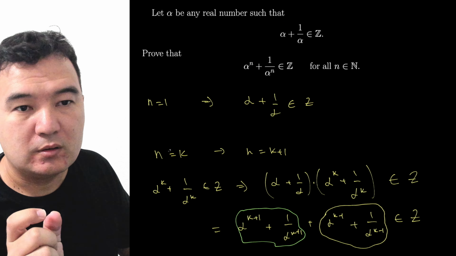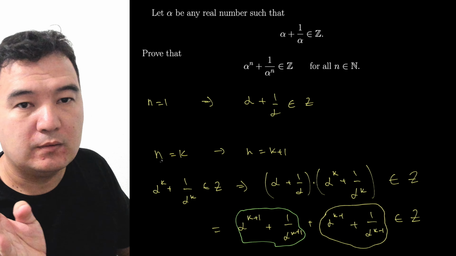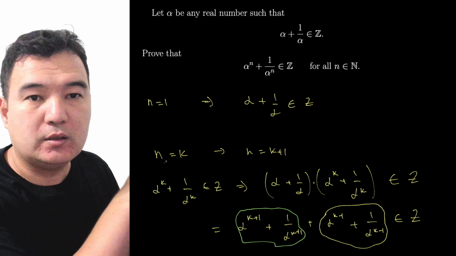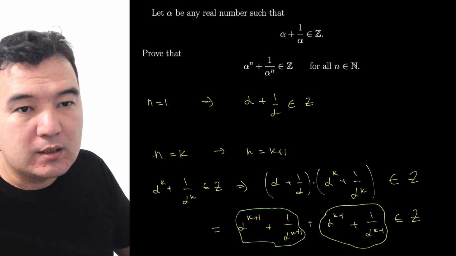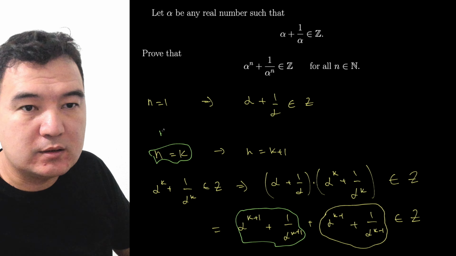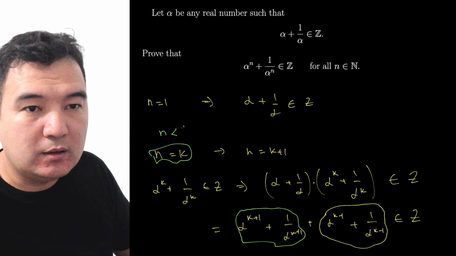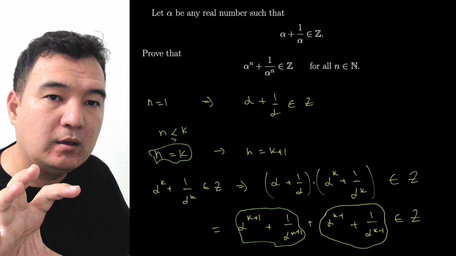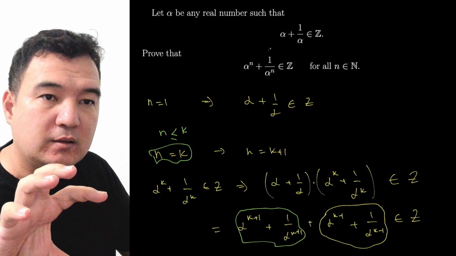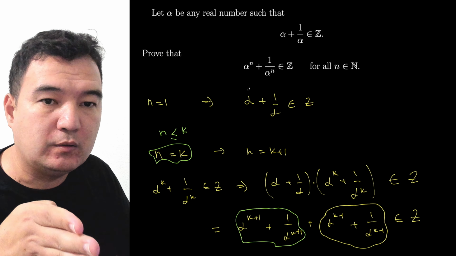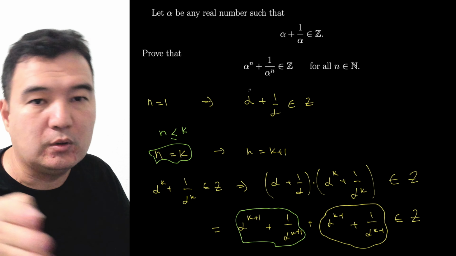The assumption goes like this. It's not the assumption that when n is equal to k, we prove n is equal to k plus 1. Instead, with this very small difference, we can assume that when n is equal to k or less, the statement is correct for all numbers equal to or less than k.